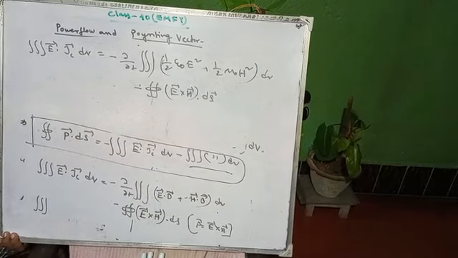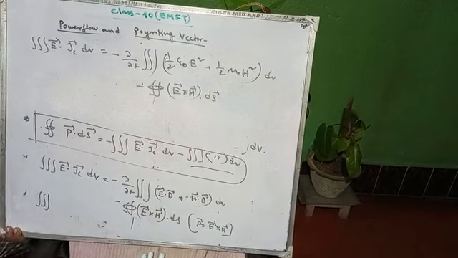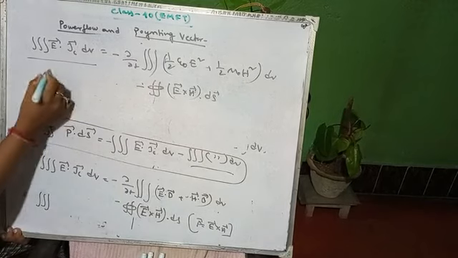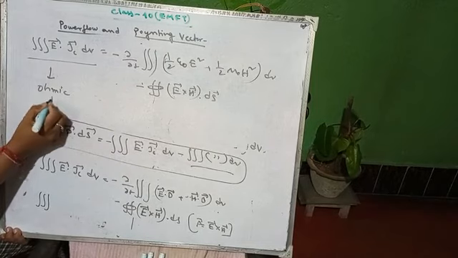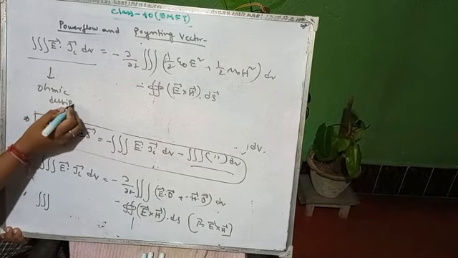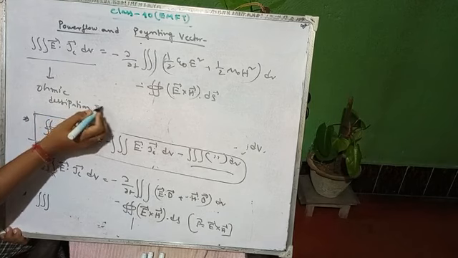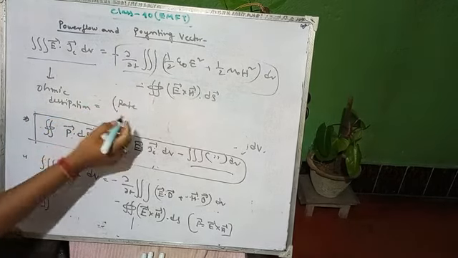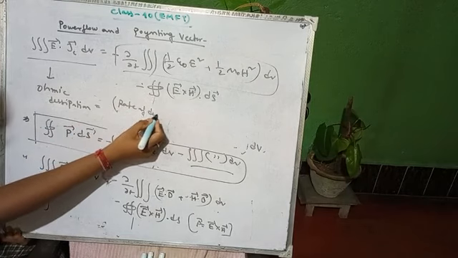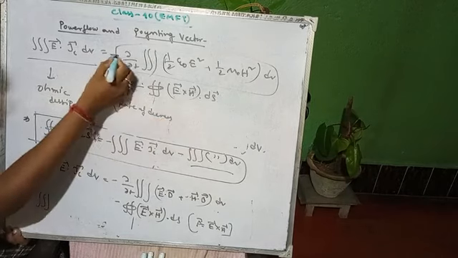So now write the physical interpretation of this. This is called ohmic dissipation. The left hand side is called ohmic dissipation, which will be equals to the rate of decrease. Why is it rate of decrease? Because of the negative sign over here.